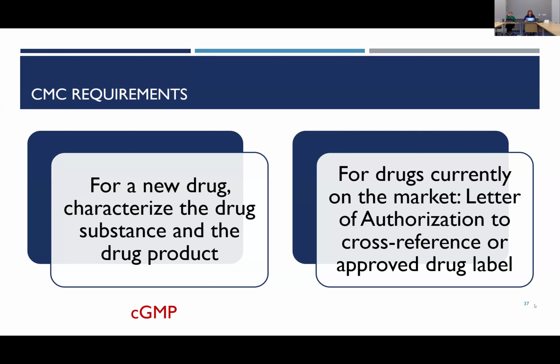And the FDA expects that these new unapproved drugs on the left-hand side here are following current good manufacturing practices as well. So then on the right, I have the alternative, and if you're studying a drug that is currently on the market, that's where you're either going to request the letter of authorization to cross-reference an IND from the pharmaceutical partner that you have, or you're going to reference that approved drug label.